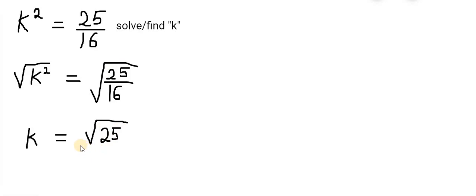So that's square root of 25 over square root of 16, which we can deal with individually. So square root of 25, we find that out as 5, and square root of 16, we find that out as 4. Okay, so with a fraction, k is equal to 5 over 4.